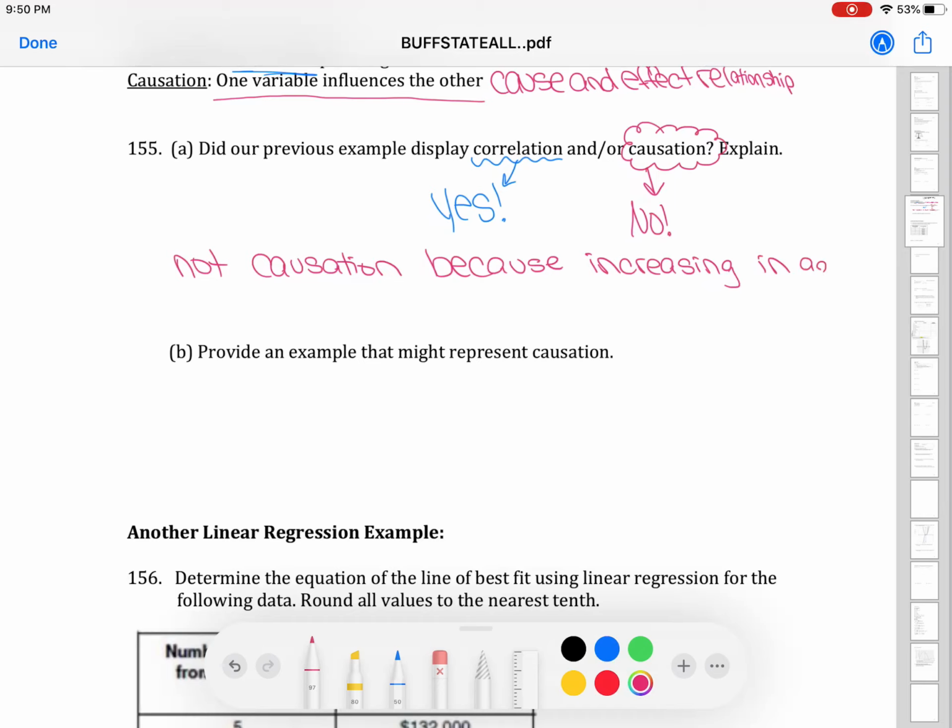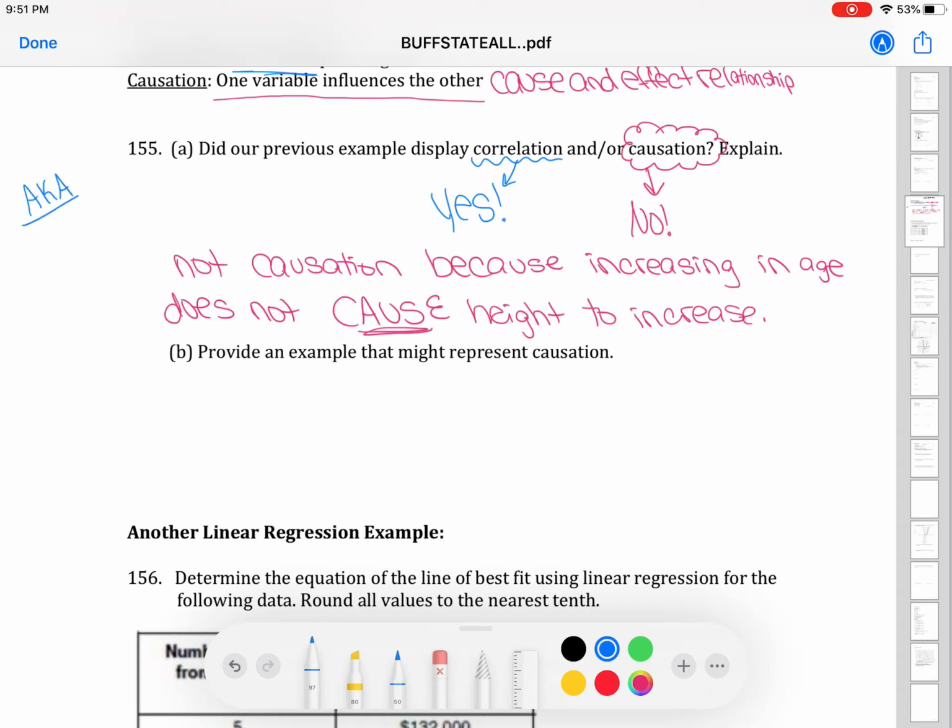Because increasing in age does not cause height to increase. Again, yes, there is a relationship in that data, but it doesn't cause it to happen.